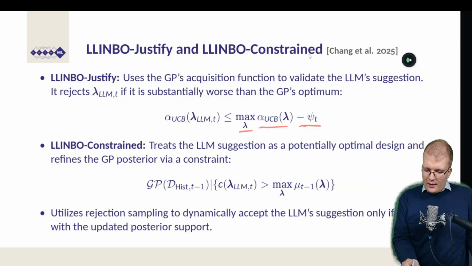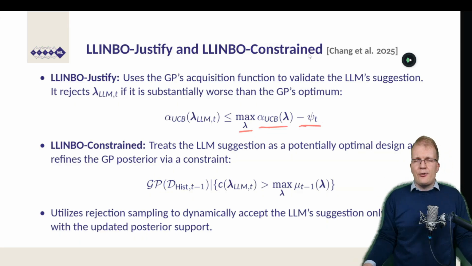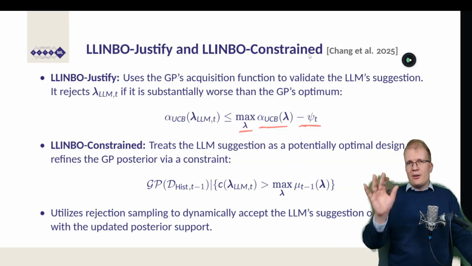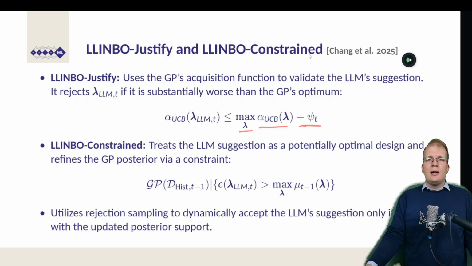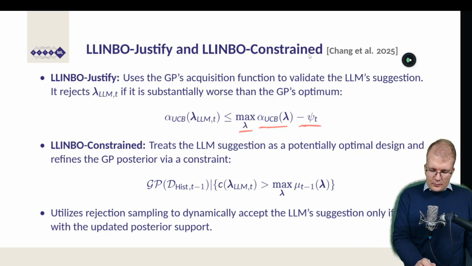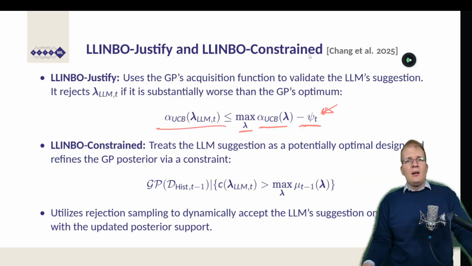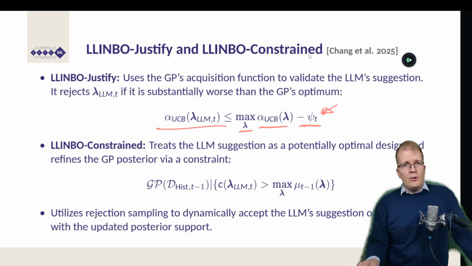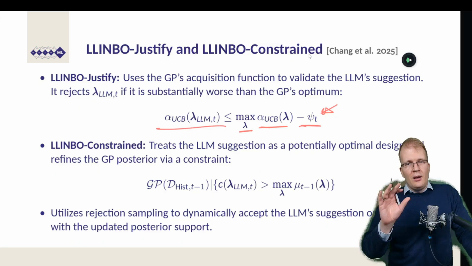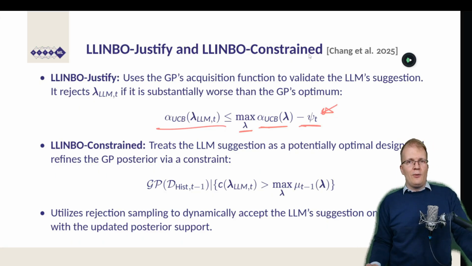Then we have a bit of a slack term, a threshold, and say, okay, we can be slightly different than that. That's a hyperparameter of the method. We then see whether the UCB value of the proposed configuration of the large language model is in the same ballpark as what the GP would believe. If not, it's rejected and we can ask the LLM for something better.